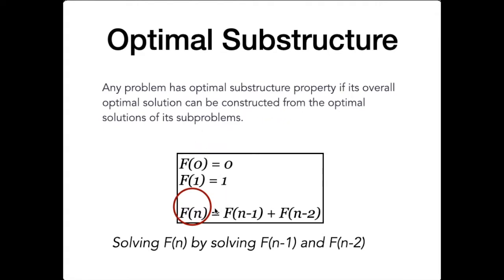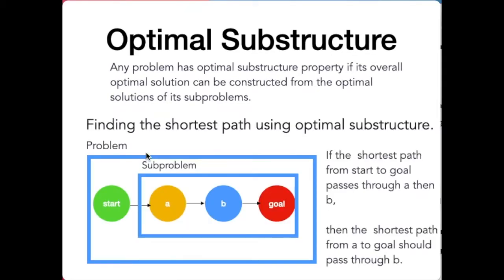In this case, we don't have an optimization problem, so the concept of the optimal solution here is the exact computation of f of n. So since we can get the f of n using the exact solution for f of n minus 1 and f of n minus 2, this has an optimal substructure.